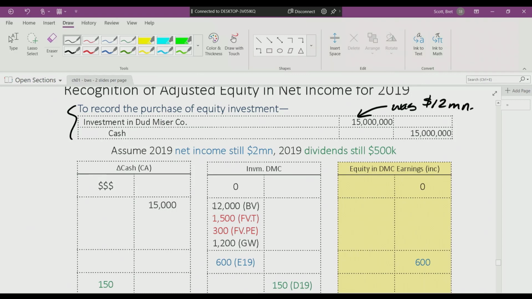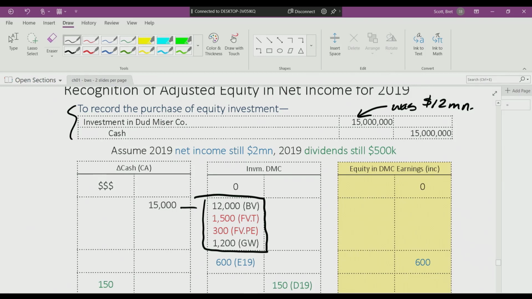And down below, you can see I've broken this out in more detail. I've got the book value, 12 million. There are the fair value adjustments for the technology, the fair value adjustment for plant and equipment, and the extra 1.2 million for goodwill. That equals the 15 million in cash I paid.